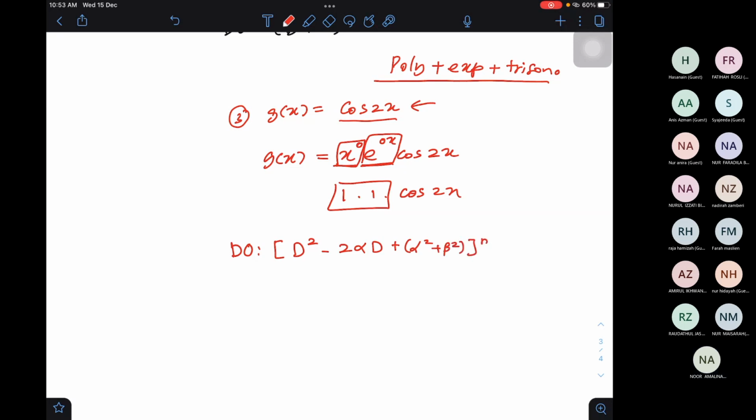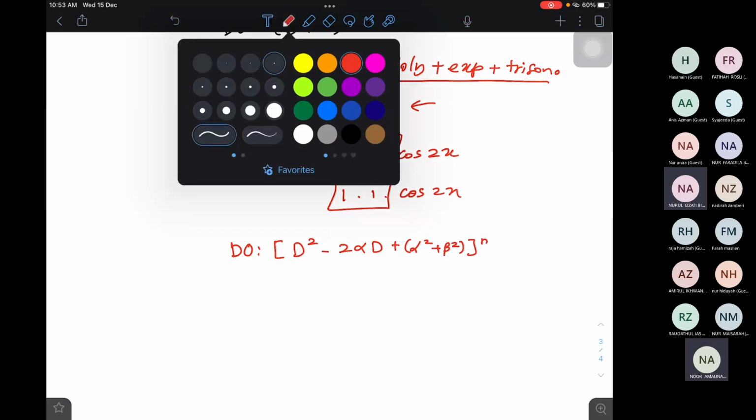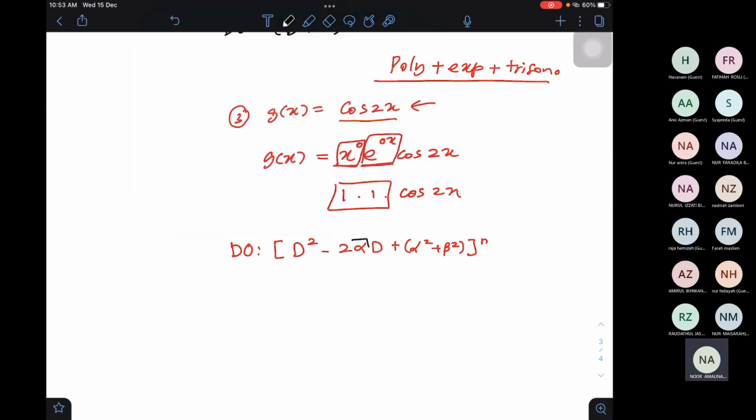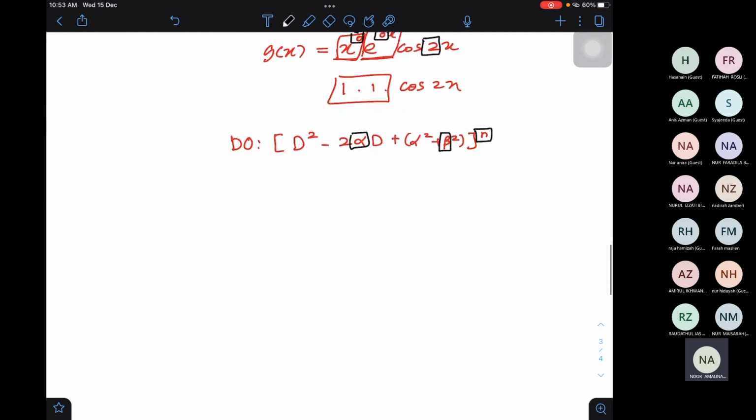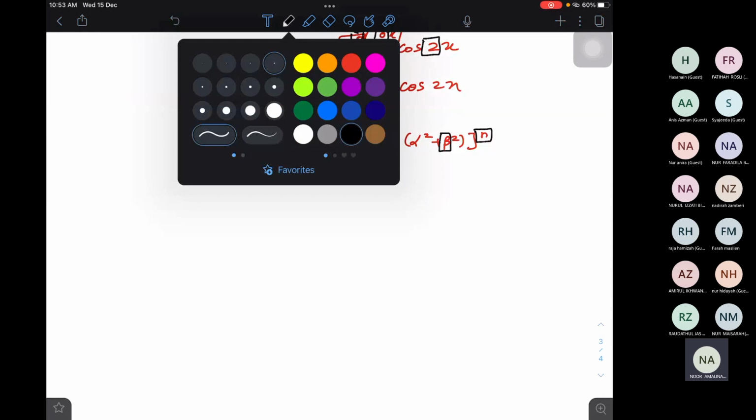Betul tak? Betul. Di mana alpha ini datangnya daripada eksponen. Beta ini datangnya daripada you punya trigo. Dan n datangnya daripada you punya polynomial.